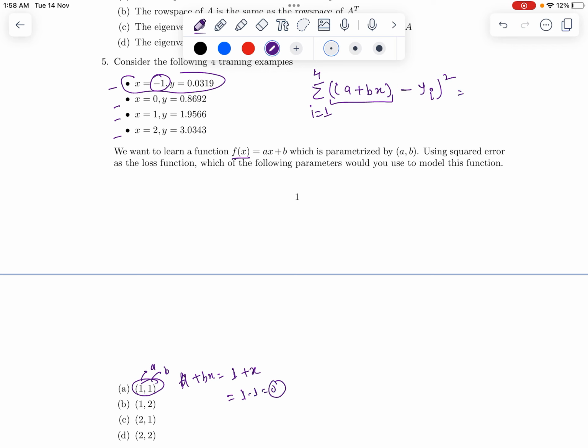So for the first training example it will be 0 minus y, which is 0.0319, and the square of it. Now you will calculate for the second training example the same way, for this 1 + x. So x is 0, so here it will be 1 minus y, which is 0.8692, squared. Again you will sum up, for the third and for the fourth one.